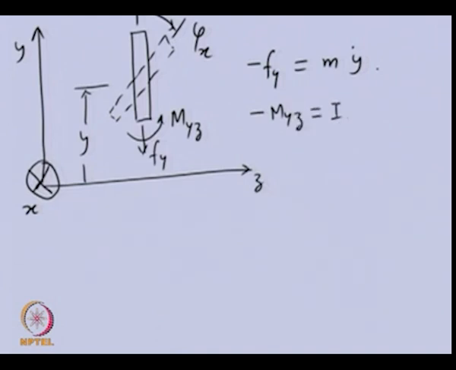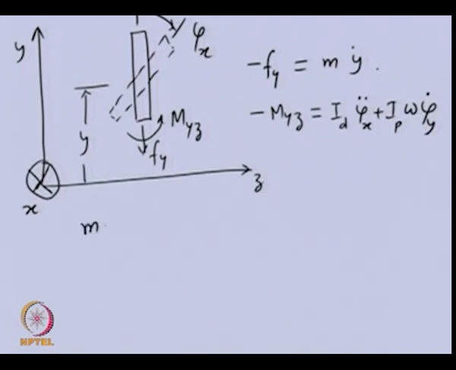This will be equal to, the first thing, due to the angular acceleration in this particular plane, that is phi x double dot, and the gyroscopic couple Ip omega phi dot y. Now we can see that we have got 4 equations of motion.